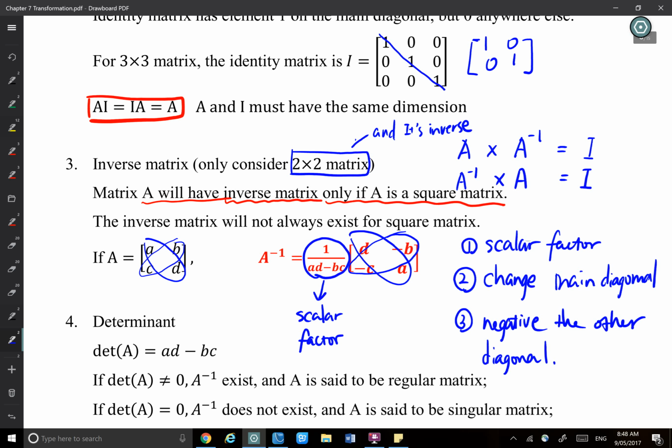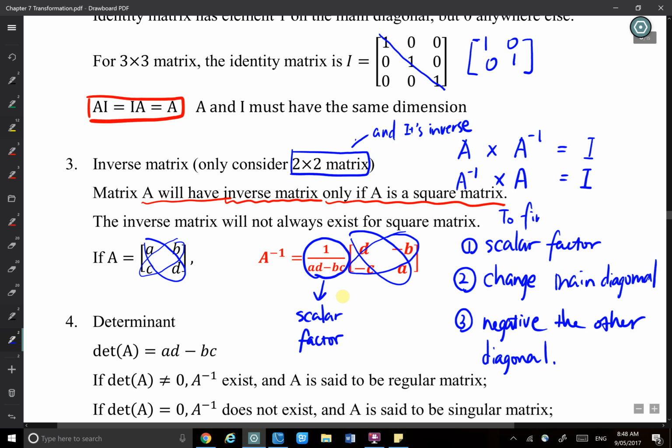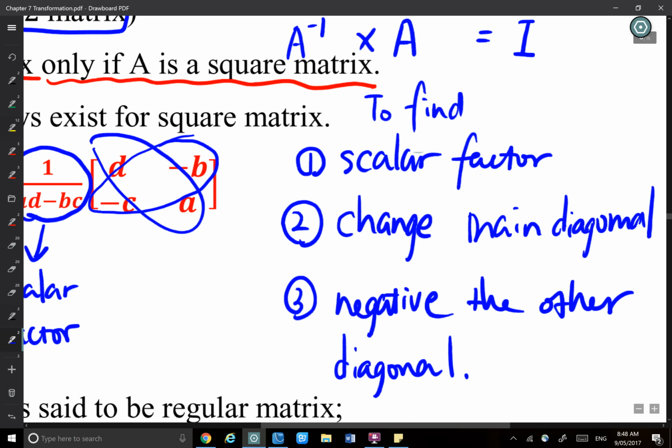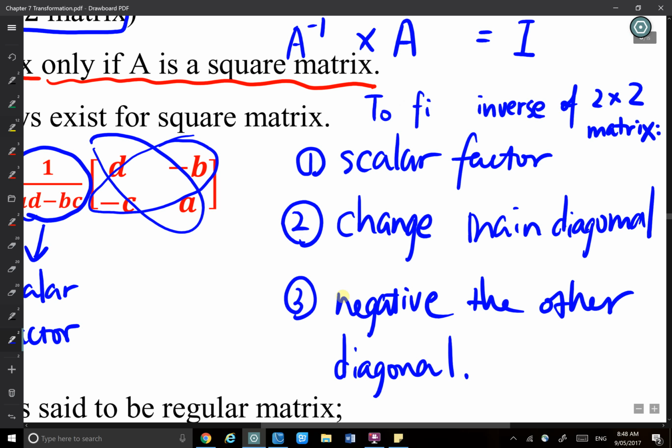Those are the 3 things to do to find the inverse of a 2 times 2 matrix.